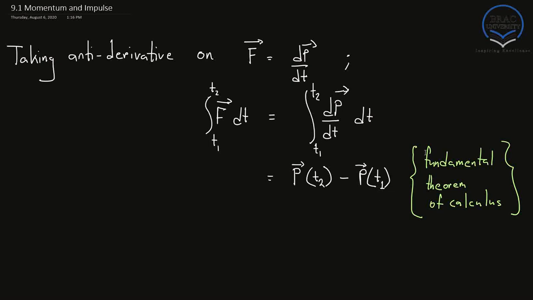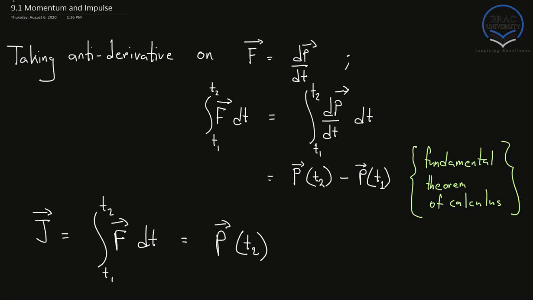So this quantity we can define as something called the impulse. We have the following definition: impulse J equal to the integral of F dt between times t1 and t2, equal to, by applying the fundamental theorem of calculus, the change in momentum between times t1 and t2.